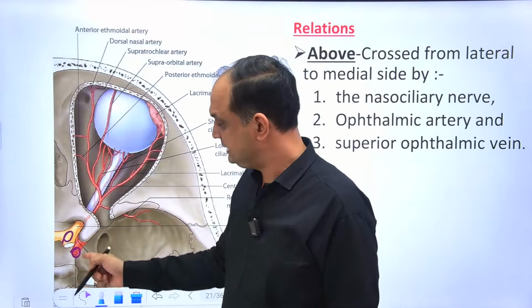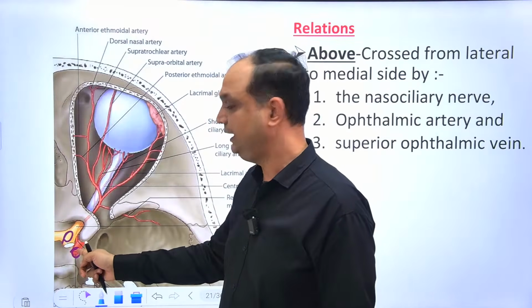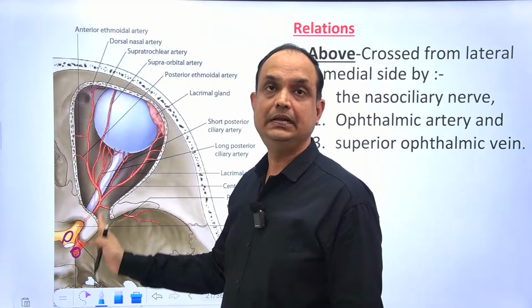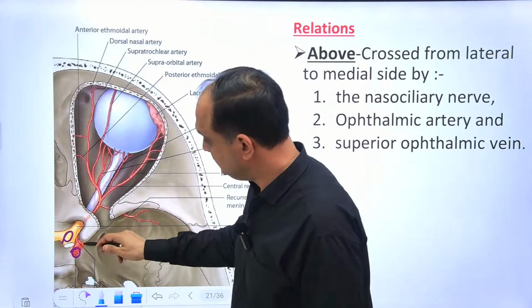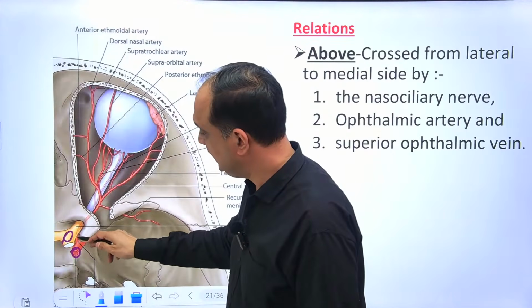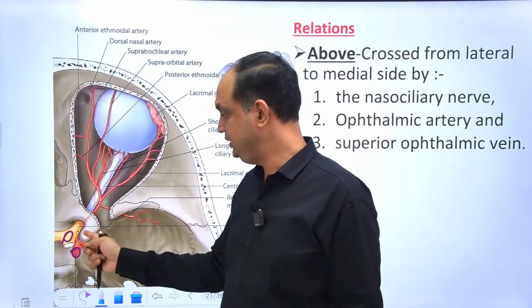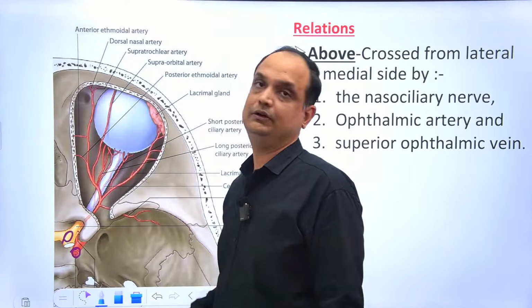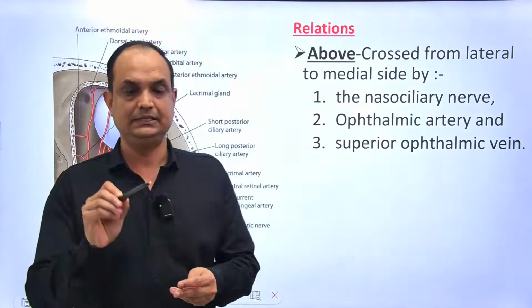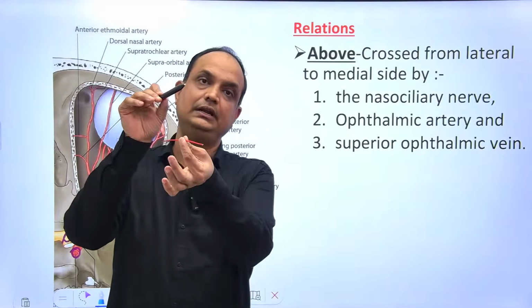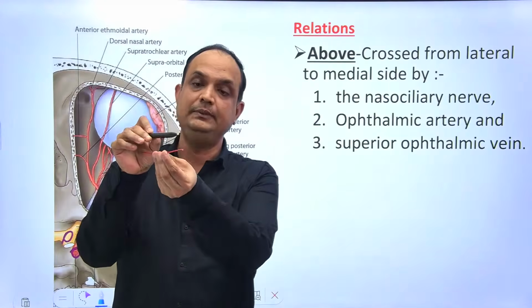Which artery is this? This is the internal carotid artery, which gives the ophthalmic artery anteriorly. Now, when this ophthalmic artery enters, it is initially inferior to the nerve. What does it mean? This is your nerve and this is your artery.